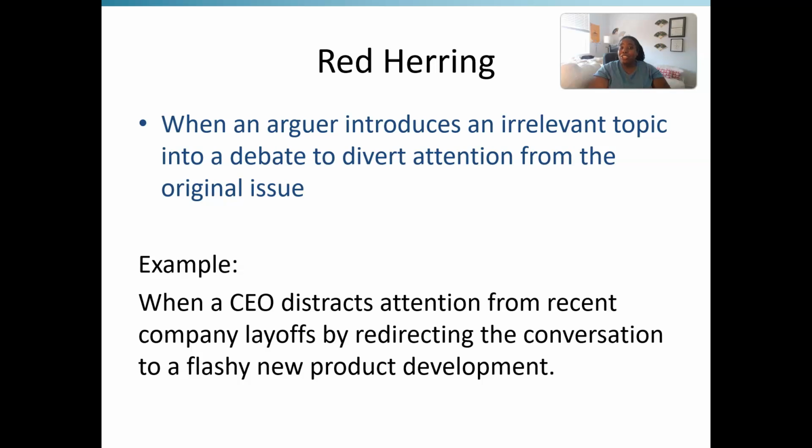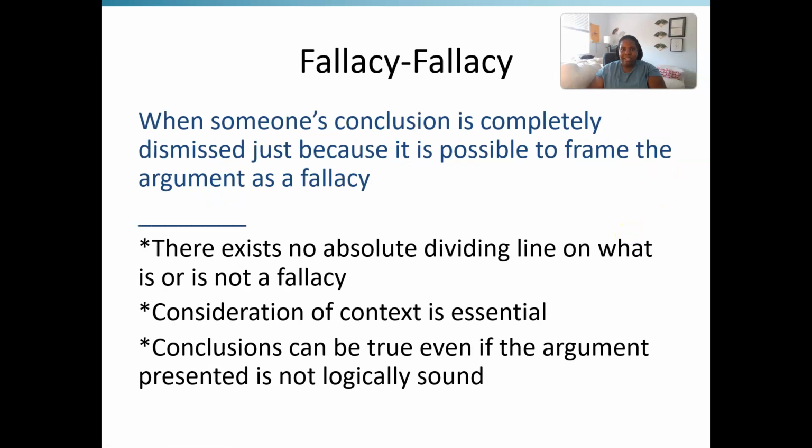So that's when the CEO distracts attention from a recent company layoff by redirecting the conversation to a flashy new product development. So, hey, we just laid off 5,000 employees, but buy this new smartphone. So that's probably one of the more common fallacies that we've seen or observed.